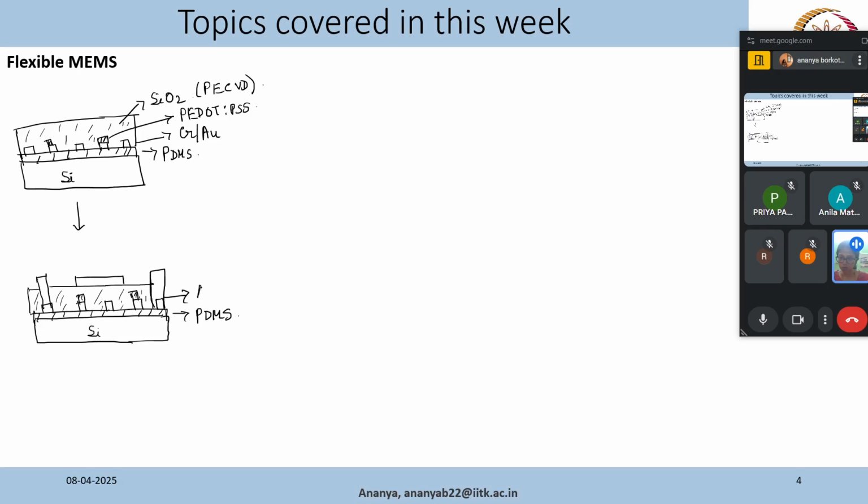So this is chrome gold. This is also gold. And this is PEDOT:PSS.